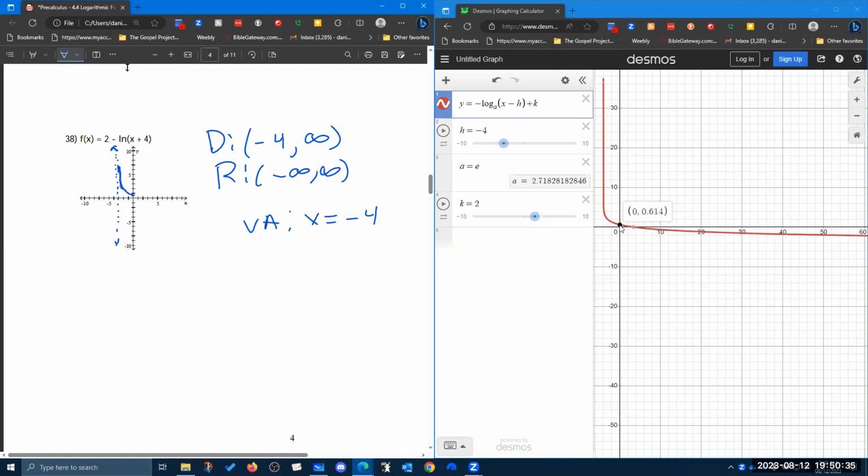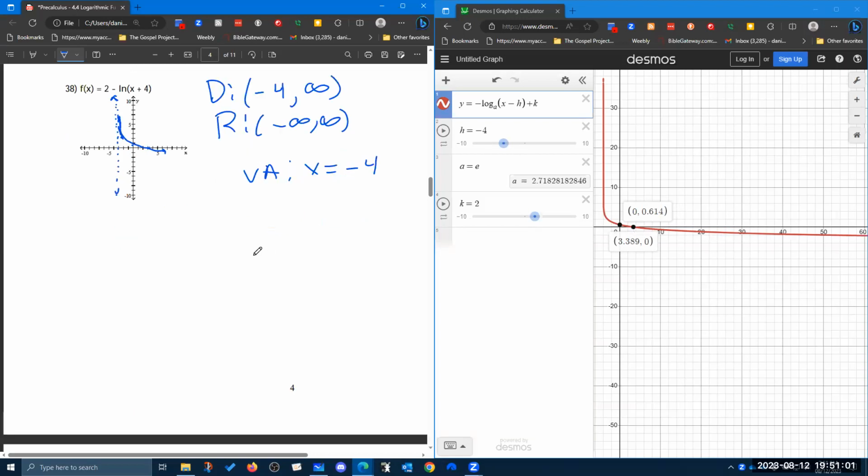So there we go. It crosses the x-axis at about 3.389, so coming like so, and going down like that.